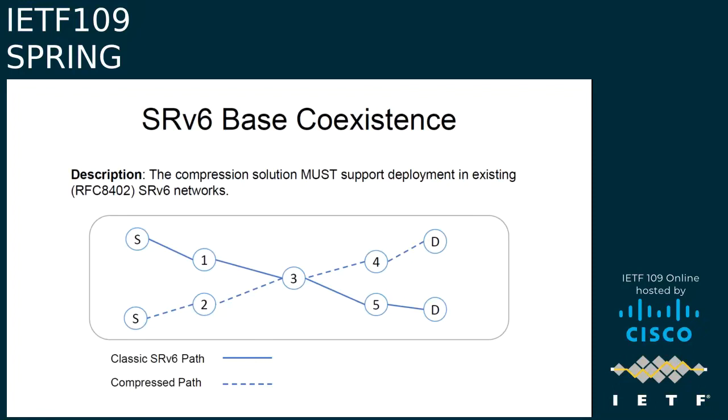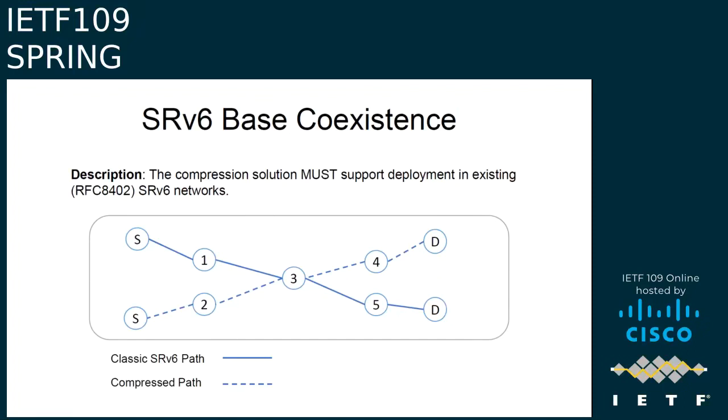And that can be restated. Are we here to optimize behavior for deployments that already use the SRH heavily, or are we here to equally keep in mind the greenfield point that's going to happen after the compression mechanism is specified?